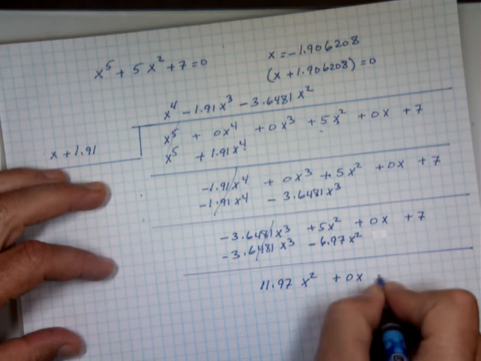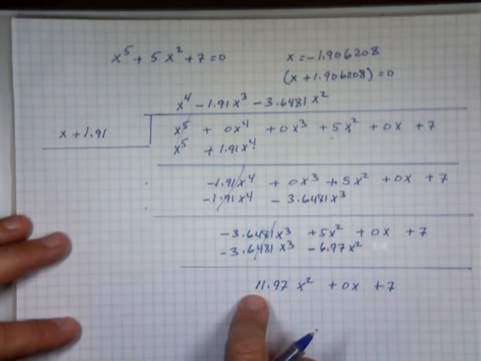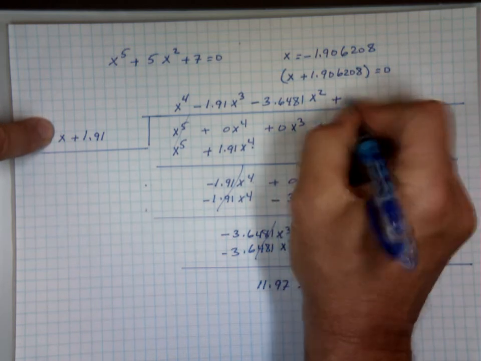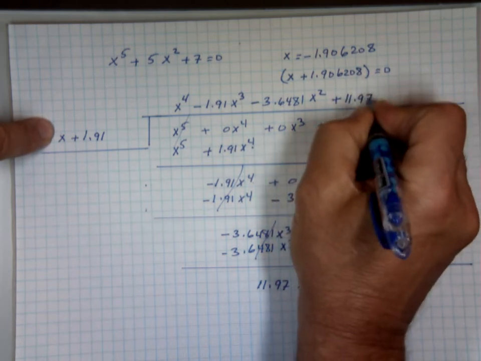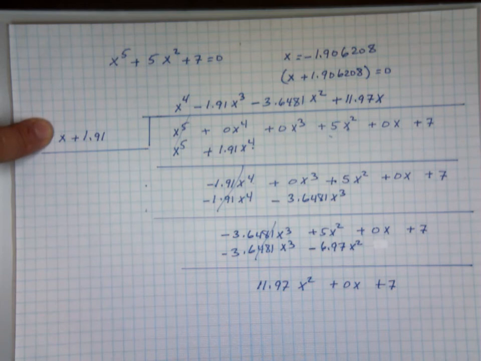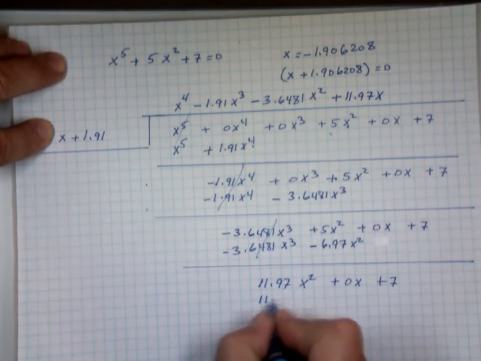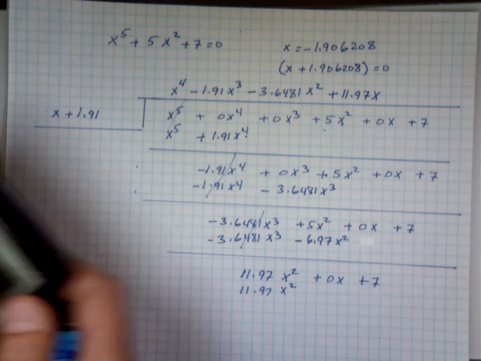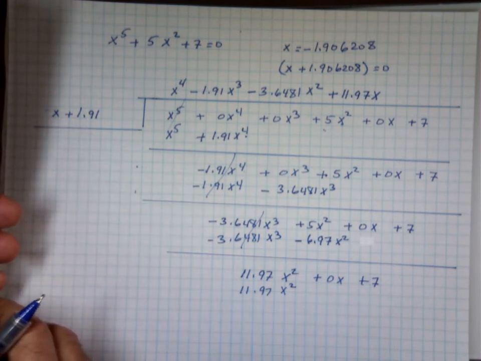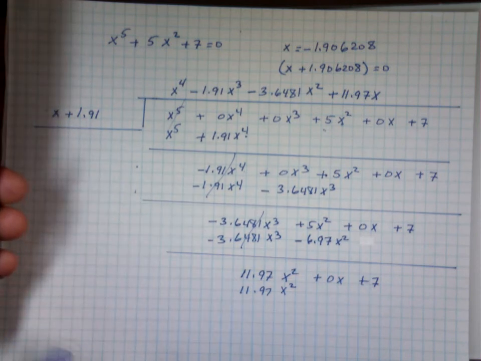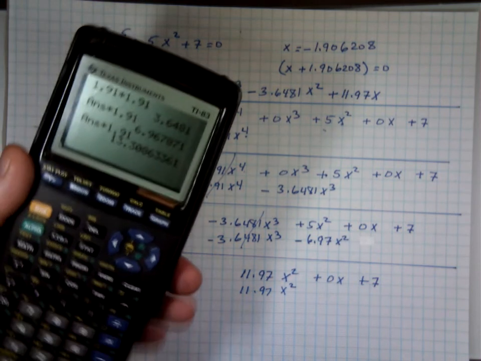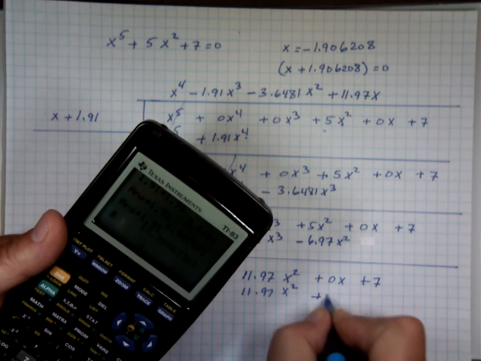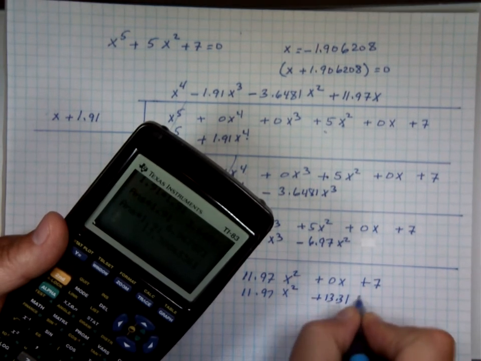What's 11.97 x squared divided by x? Times this one. We have one more try after this. Times 1.91, 13.31. Subtract again.